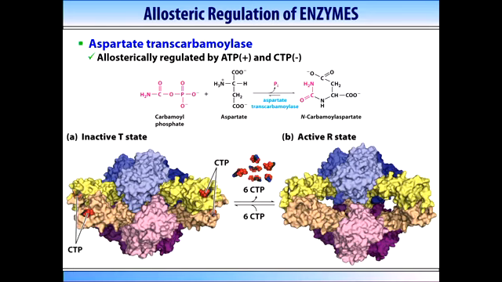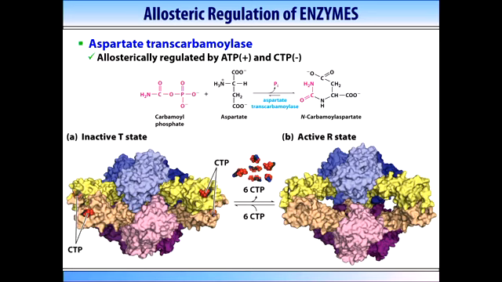This enzyme, aspartate transcarbamylase, does not synthesize CTP, but it's in a pathway which leads to synthesis of the CTP molecules. It has two conformations: the inactive, or so-called T state or closed state, and the active R state.